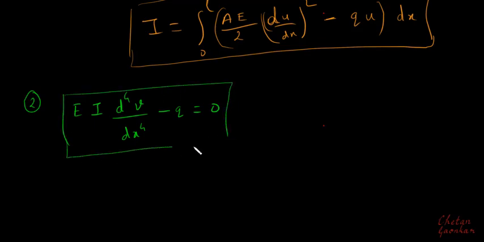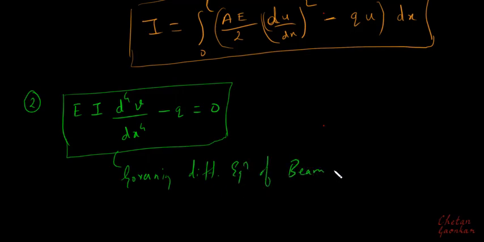If you are familiar with this equation, this is the governing differential equation of a beam. You must be more familiar with this: EI d square v by dx square is equal to M, that is moment.